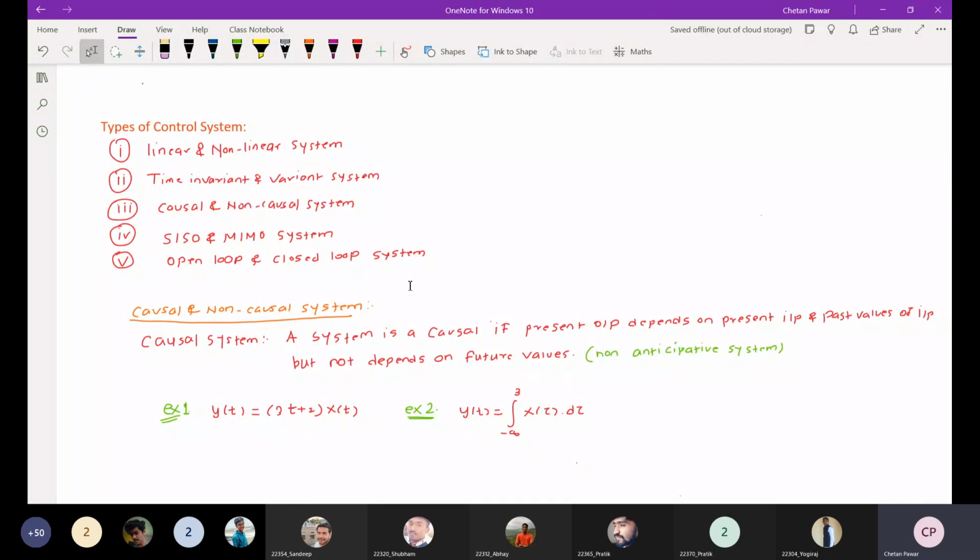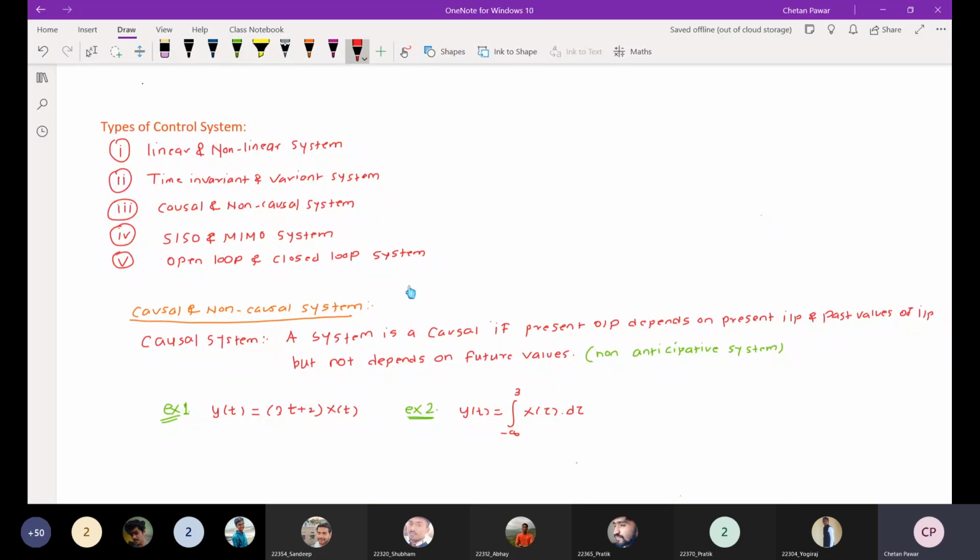Now, there are different classifications, or different types, of control systems. We have seen linear and non-linear control systems. We have also seen time invariant and time variant systems, and how to identify them.